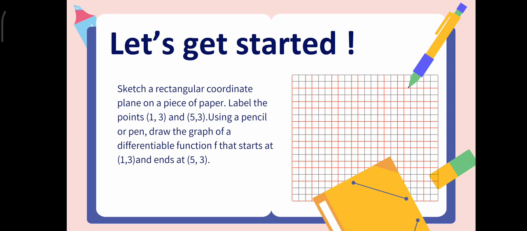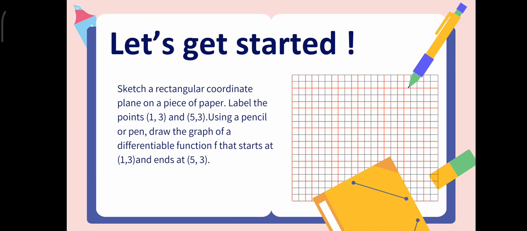You may pause the video for this if you want to join. So you may sketch a rectangular coordinate plane on a piece of paper, just like shown in this, the red color.